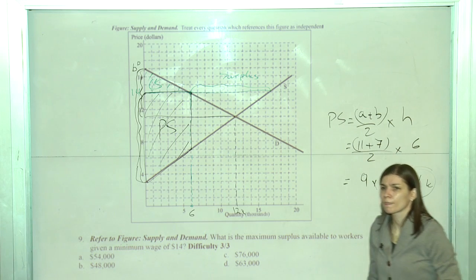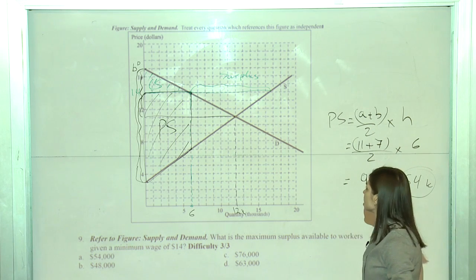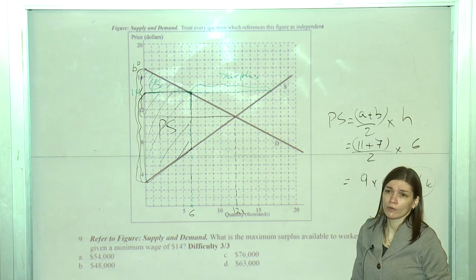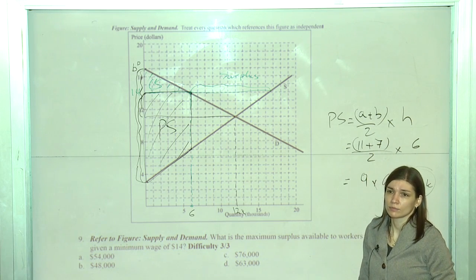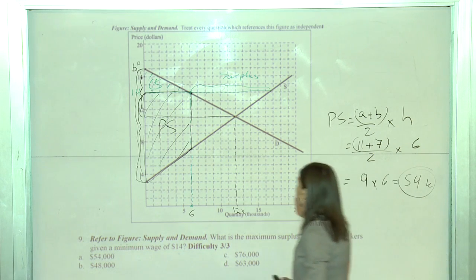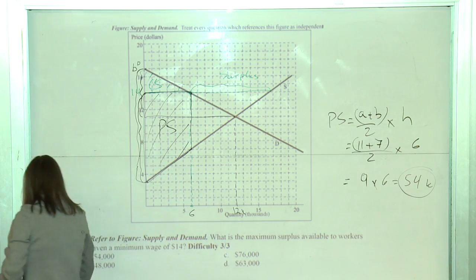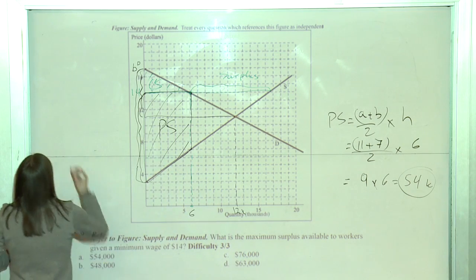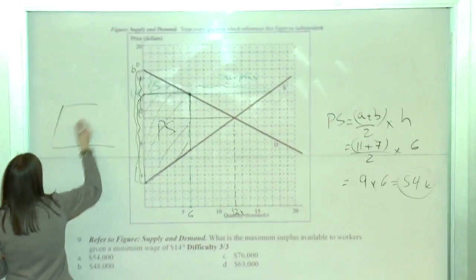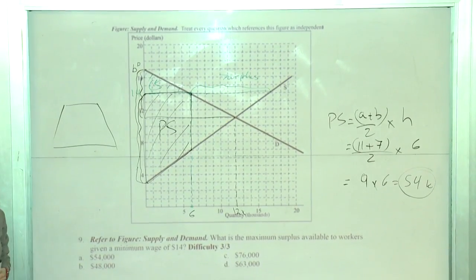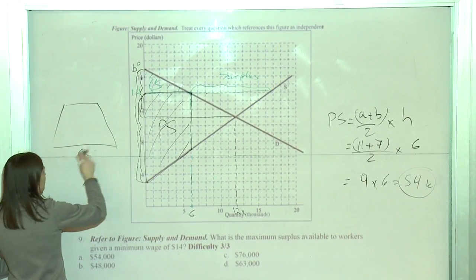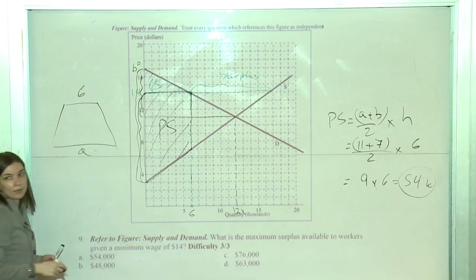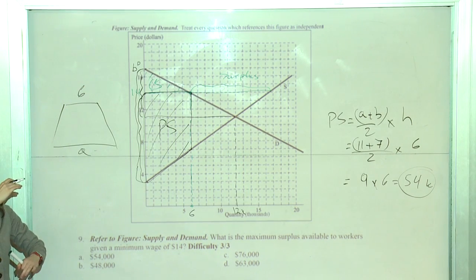This is just the formula for the area of a trapezoid. This is one of the bases, and this is the other base, the top and the bottom, pretty much.